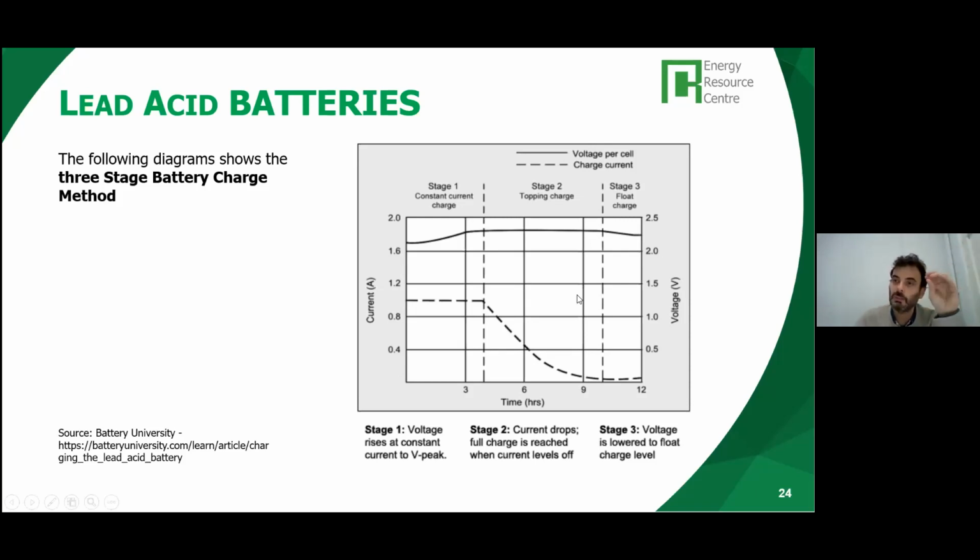The component that will do that is the charge controller. And then when we get to the end of this phase, we can say that the battery is floating, or being kept at floating conditions, which means that its voltage is kept between a maximum floating and minimum floating voltage for that particular battery.